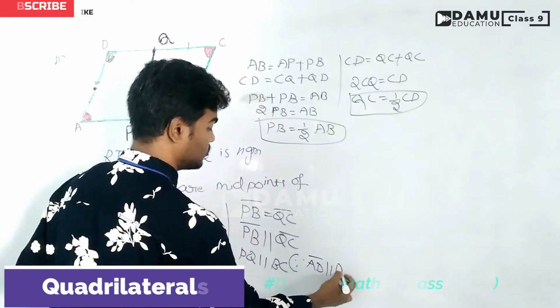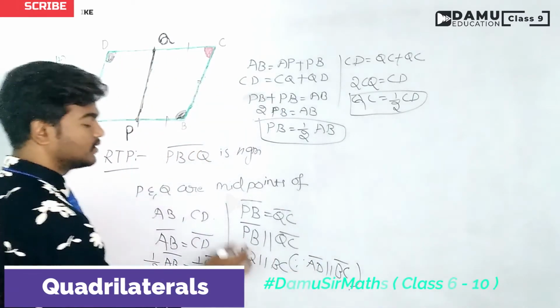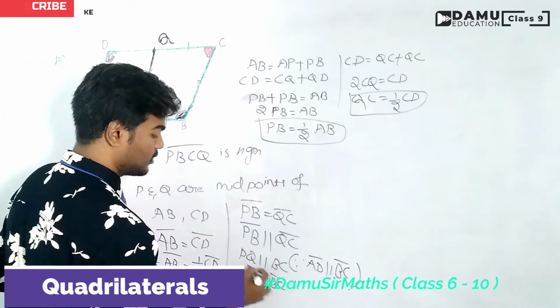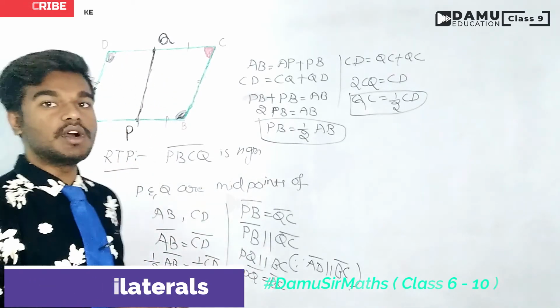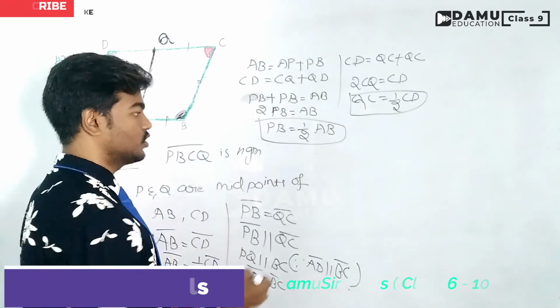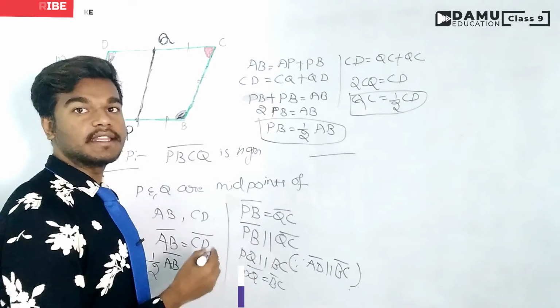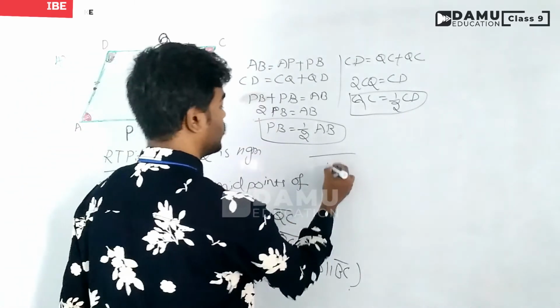So AD is parallel to BC, and for that PQ is also parallel. Then PQ will be equal to BC. Opposite sides are equal and parallel to each other. So we got both the parallel condition and the equal condition.